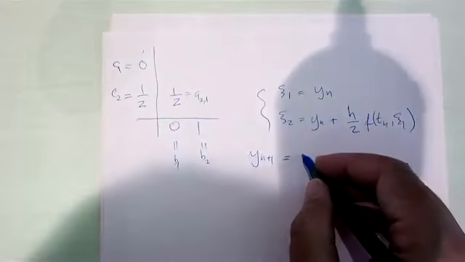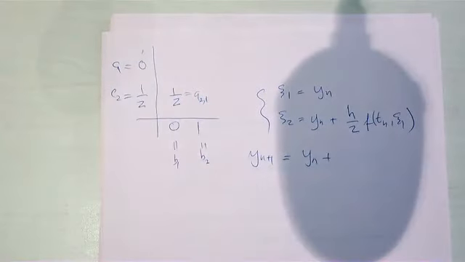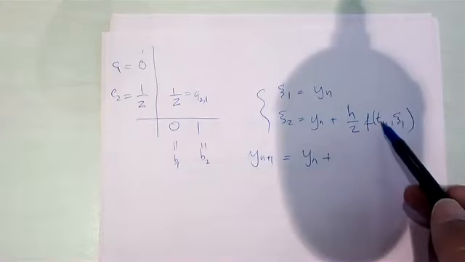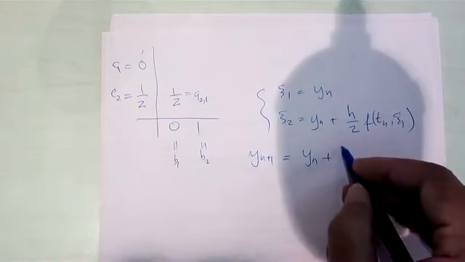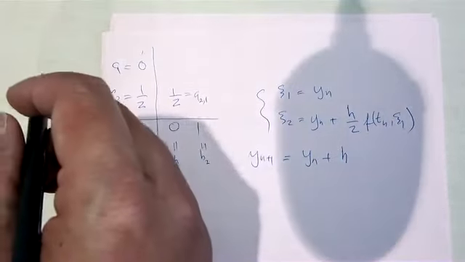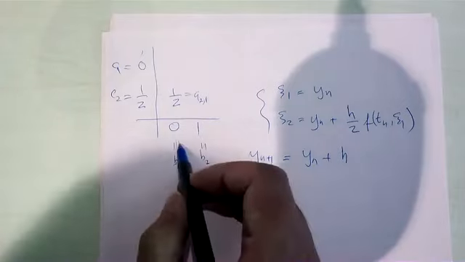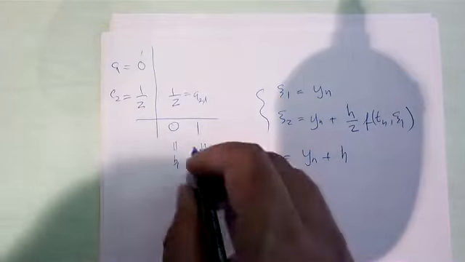So yn plus 1 is just yn plus, I have to use this formula. So then I have to use B1, so what is B1? B1 is 0, so nothing here. So I got B2 only, so B2 is just 1.